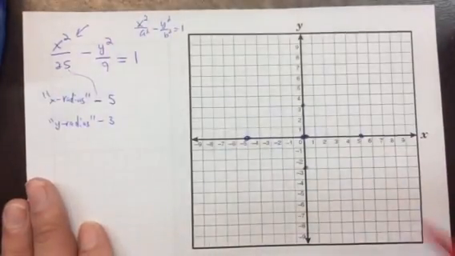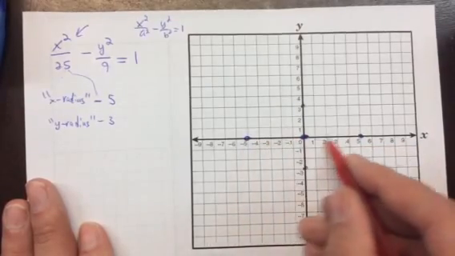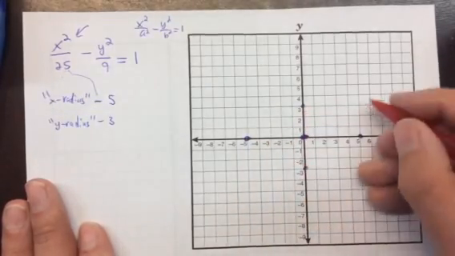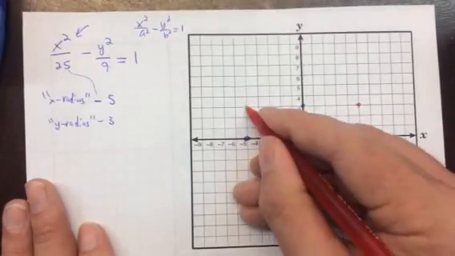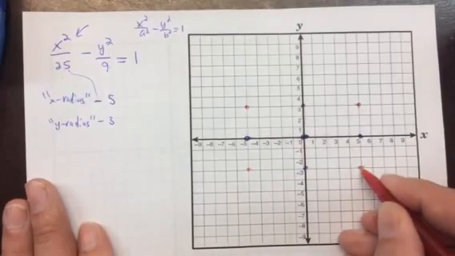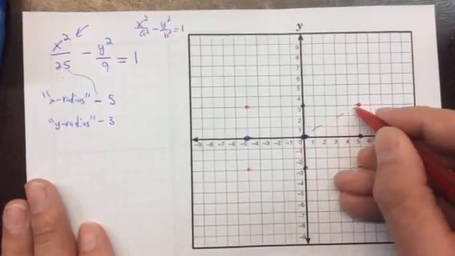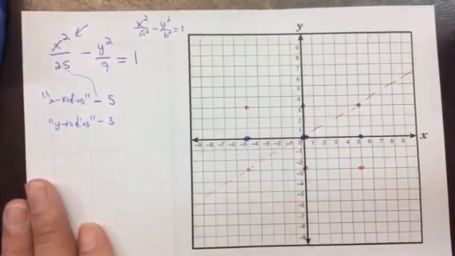And this is where we form our x box. So this is the transverse axis, the conjugate axis, and where those endpoints meet up, we're going to make another set of points, and our x box goes through those points and the center.